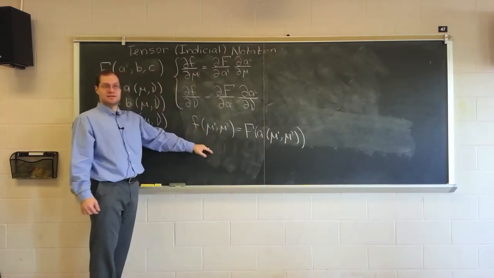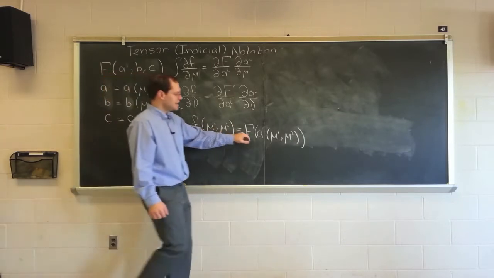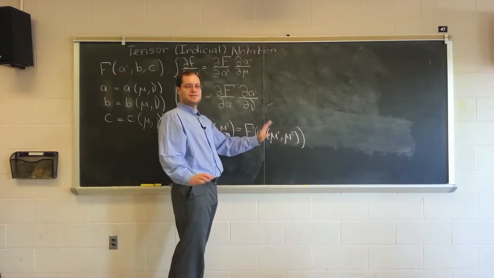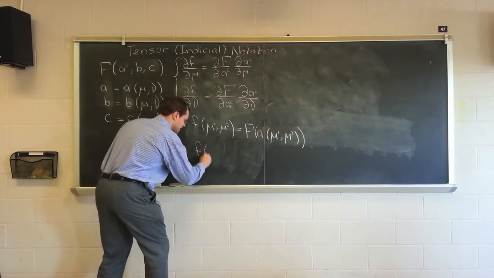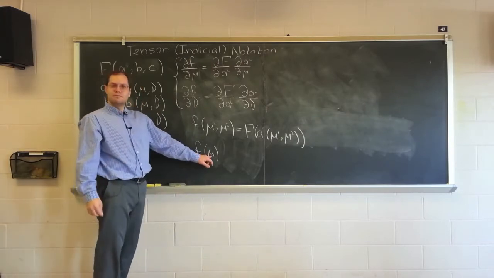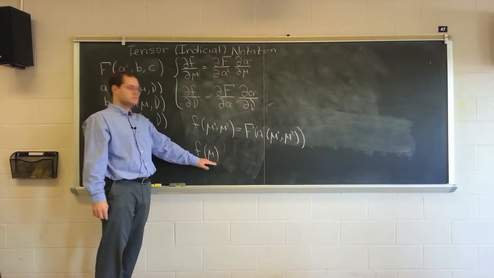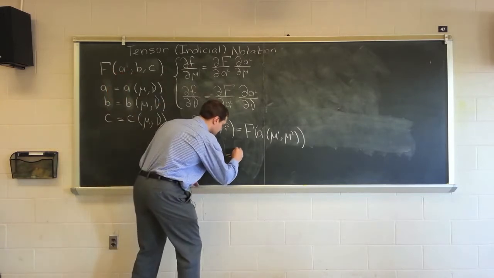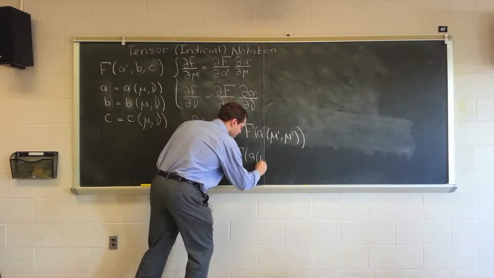Similarly, I won't even write it down. You can write that f of mu_i equals capital F of a of mu_i. That's my least favorite. And the one that we'll use, of course, is that f of mu, remembering that this notation means f of mu1 comma mu2 equals F of a of mu.